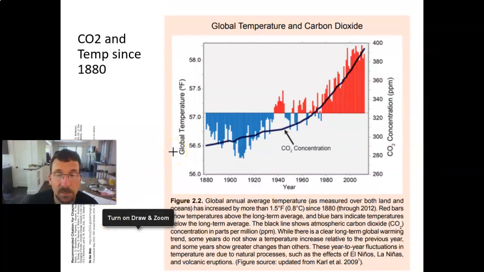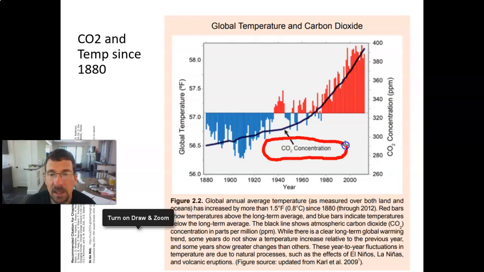My computer's misbehaving again. What we're seeing here is carbon dioxide concentrations since the 1880s over time up to the current or very recent years. And we see that there's a strong upward curve. It starts here down at about, I'm sorry, about 200, and I got to read the y-axis on the right-hand side over here.